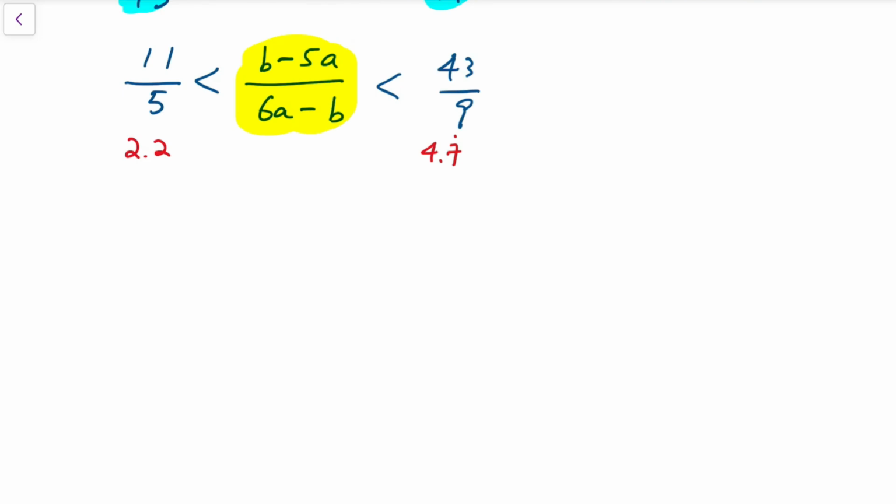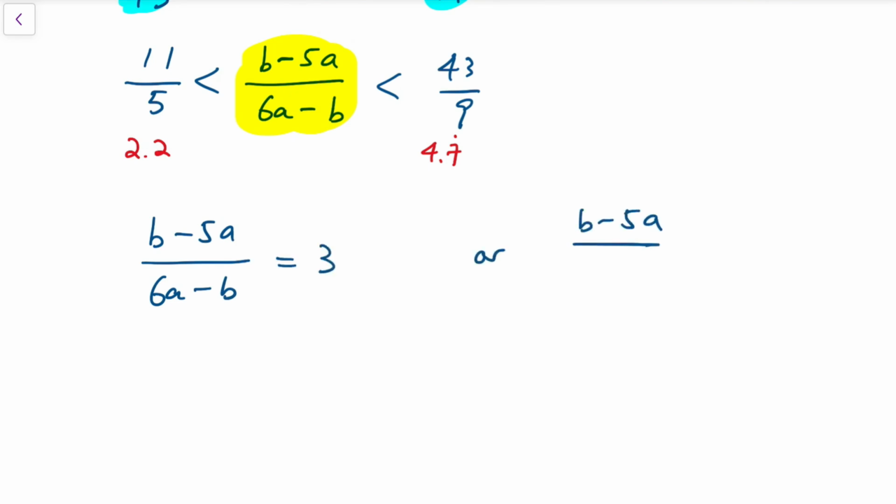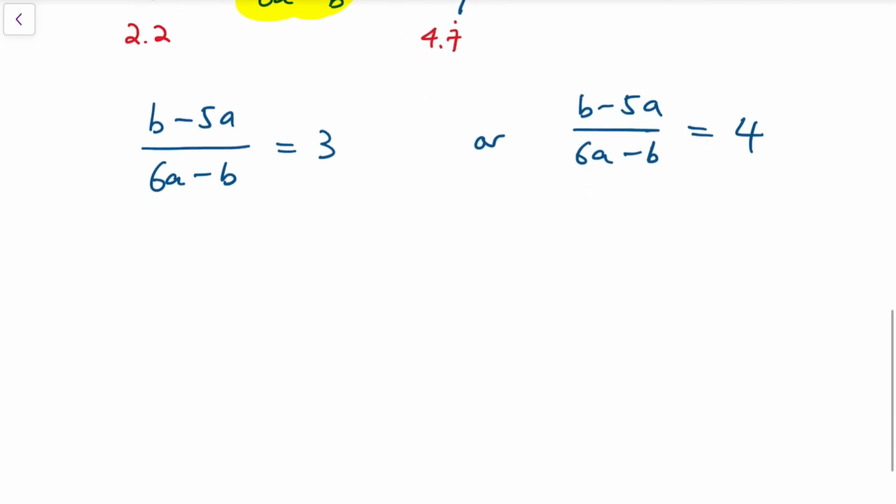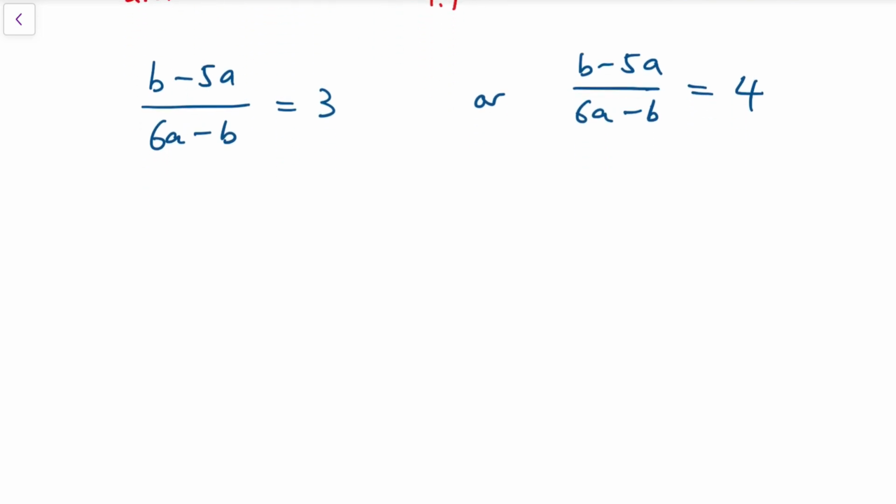Now we have 2.2 and 4.7 recurring, so we have two options. The first option is that this fraction b minus 5a over 6a minus b equals 3, or this fraction is equal to 4. Now let's try to solve these two equations and see what's the ratio of a to b.